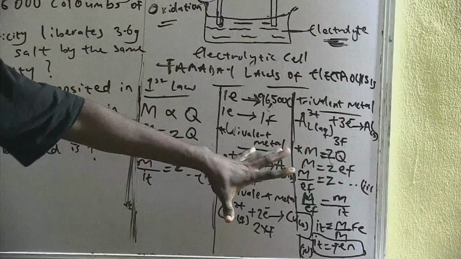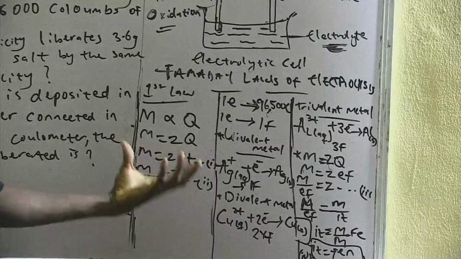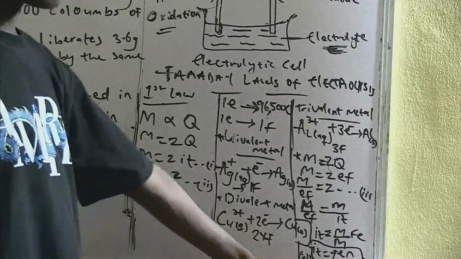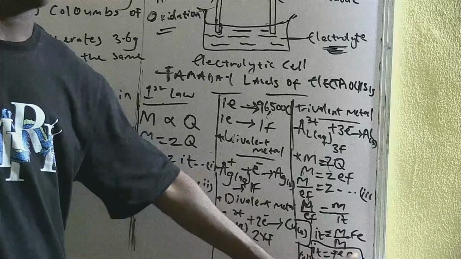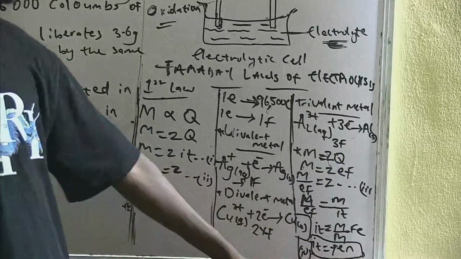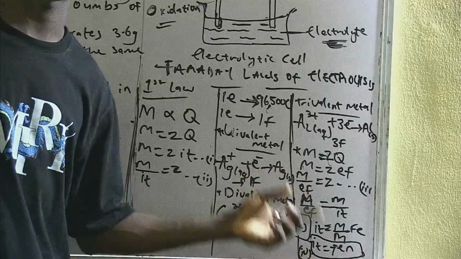I want to believe we understand this concept very well now, how we started from here down to here and down to here. Very simple concept. Make sure you understand this: IT equals FEN. I is current, measured in amperes. T is time, measured in seconds.